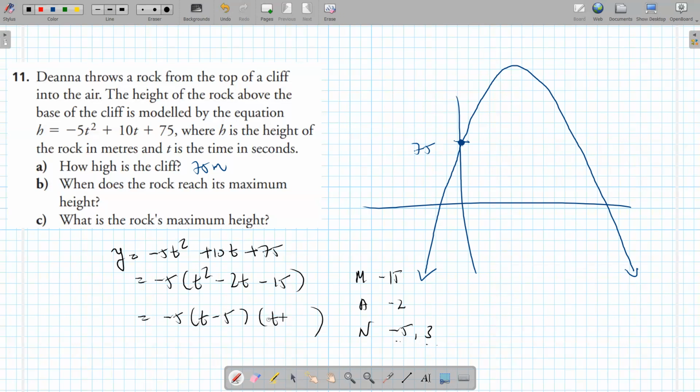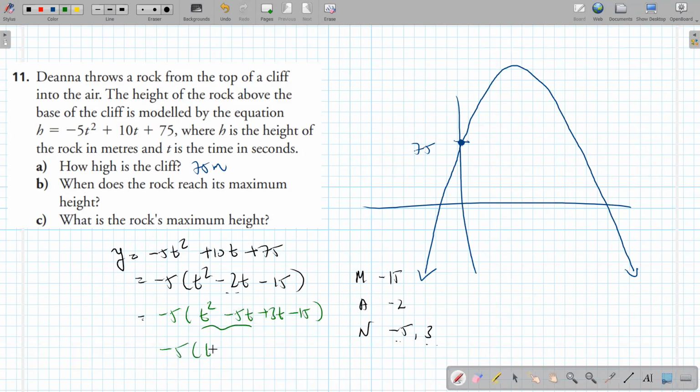So it just becomes t minus 5, t plus 3. Why does it become that? Because minus 2, you're going to rewrite that. This shortcut saves you a step, but if you want, you can always do it like this. From the first two, you can pull out a t, you're left with t minus 5. From the next two, you can pull out a 3, you're left with t minus 5. And when you factor it, you get negative 5, t minus 5, t plus 3. Right? Minus 5 plus 3.